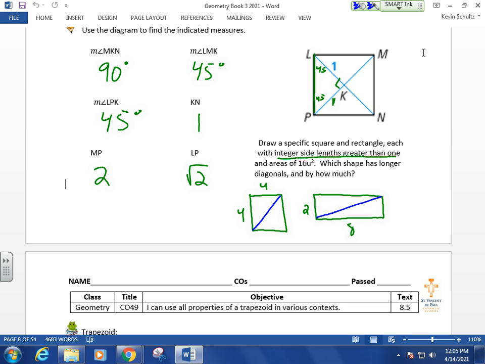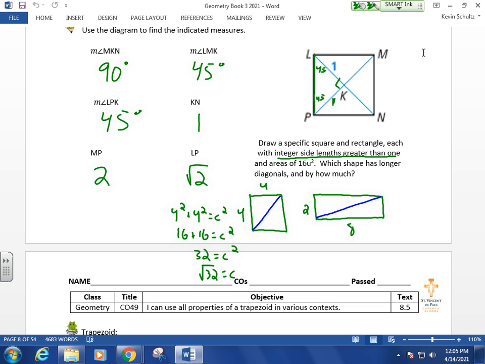You can basically find each of these just by using the Pythagorean theorem, or in the case of the square, you could use 45, 45, 90 triangles. With the Pythagorean theorem, we would have for the square here, 4 squared plus 4 squared equals c squared, or 16 plus 16 equals c squared, or 32 equals c squared, and we get the root of 32 as our value for c.